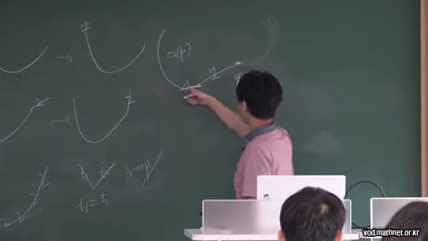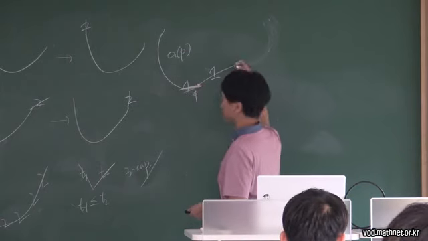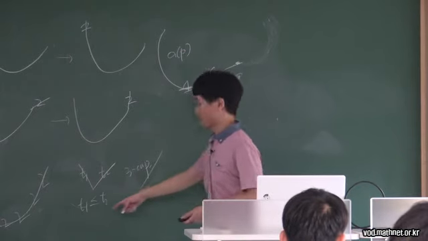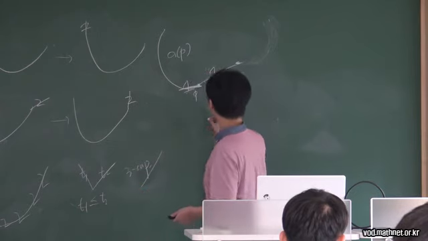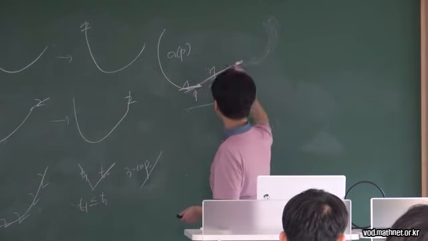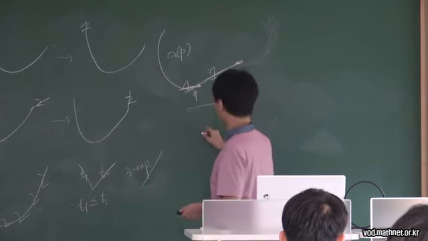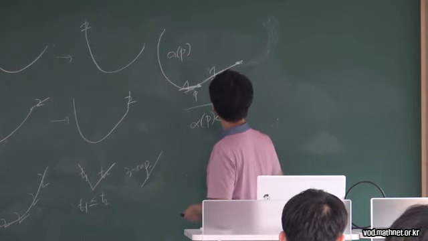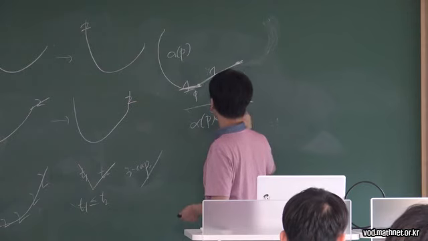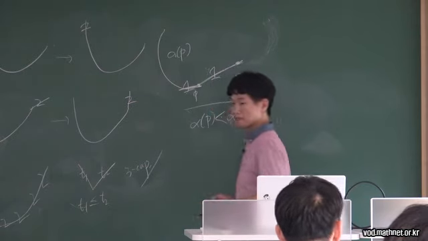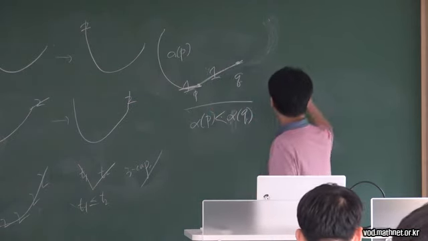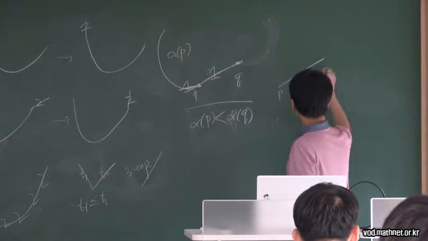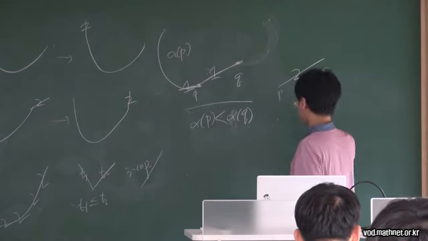Then we can extend this type 1 segment with another type 1 segment by this proposition. So in this case, where P and Q are connected by a segment of type 1, we have alpha P less than alpha Q, right?